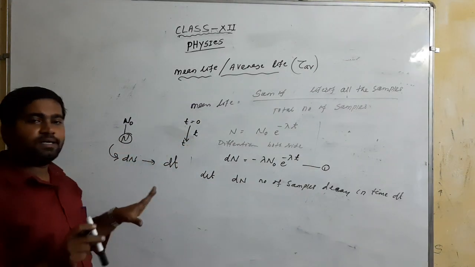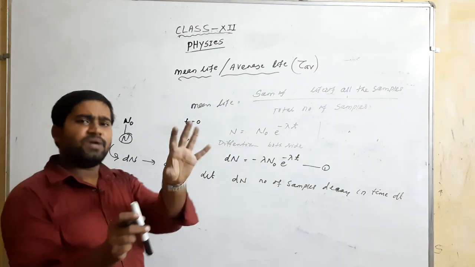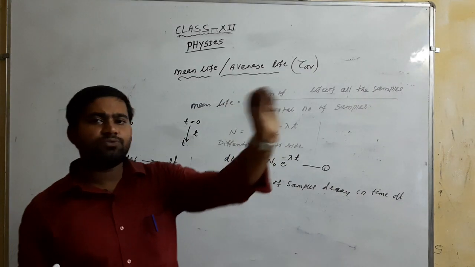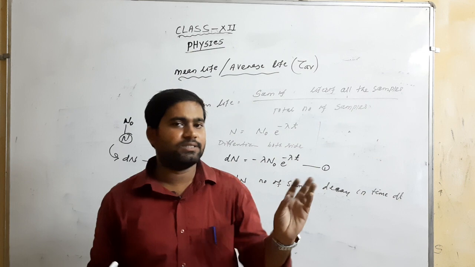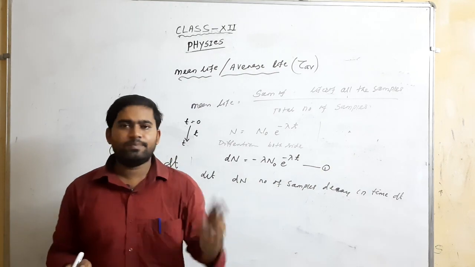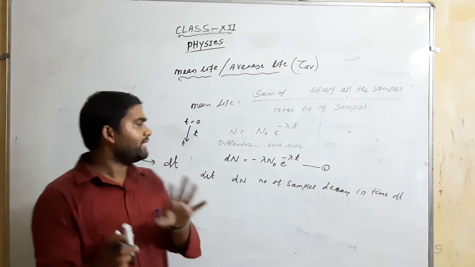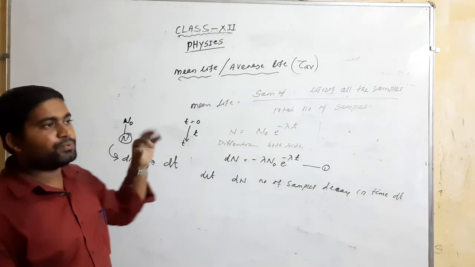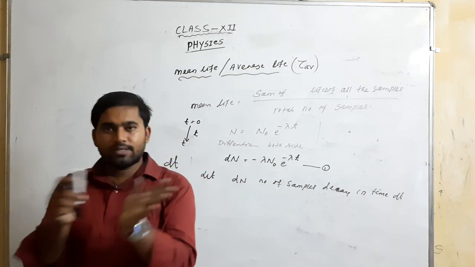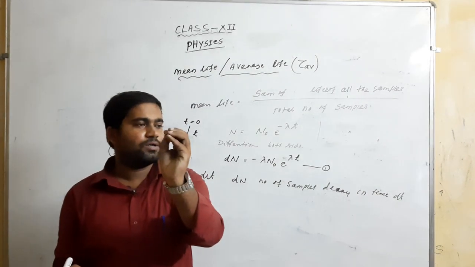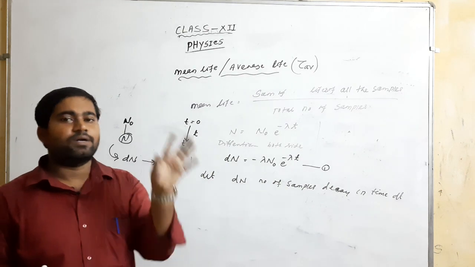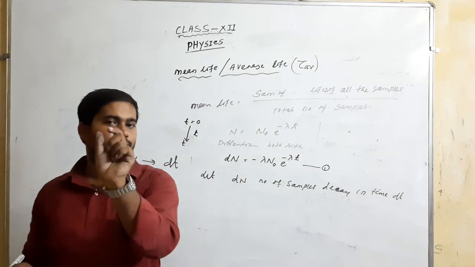Suppose there are 1000 samples in the radioactive element, and from that 1000, 100 samples decay in 2 minutes.